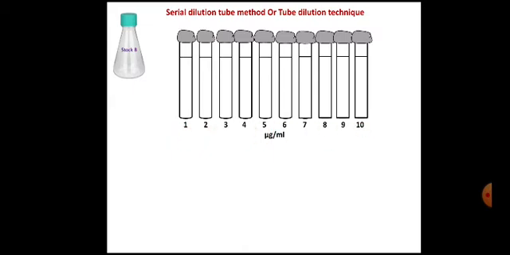In practice, if you don't know anything about MIC, you should start from the low concentration zone with a broad range. Low concentration with broad range means you can take 0.1 micrograms per ml, directly 0.5, 1 microgram per ml, 2, 10 micrograms per ml, and so on, so that you get a broad range.